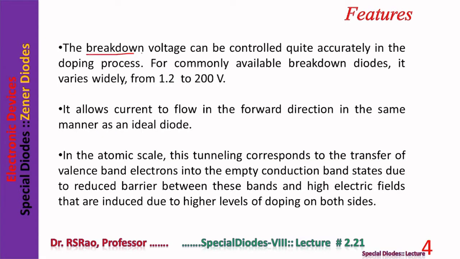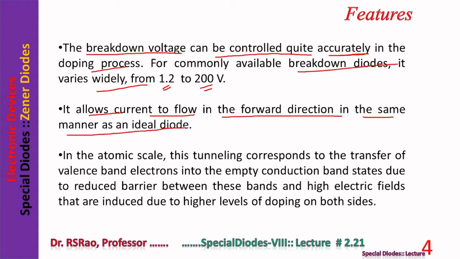Another point, the breakdown voltage can be controlled quite accurately in the doping process. For commonly available breakdown diodes, it varies widely from 1.2 to 200 volts. It allows current to flow in the forward direction in the same manner as an ideal diode.